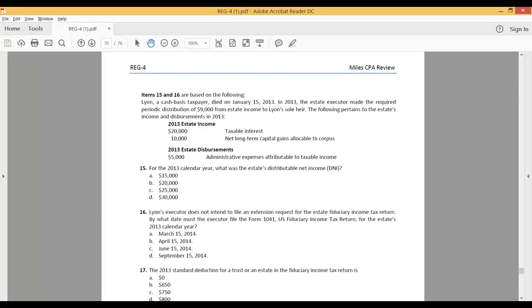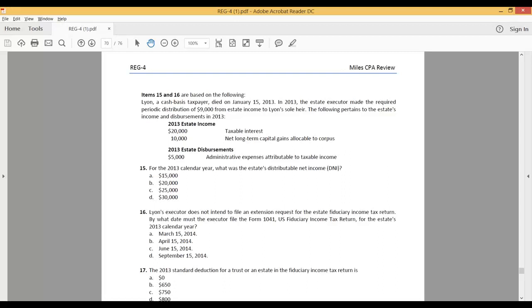Line, a cash basis taxpayer, died on Jan 15, 2013. In 2013, the estate executor made the required periodic distribution of $9,000 from the estate income to Line's sole heir. The following pertains to the estate's income and disbursements in 2013. $20,000 is the taxable interest. $10,000 is the net long-term capital gain allocable to corpus.